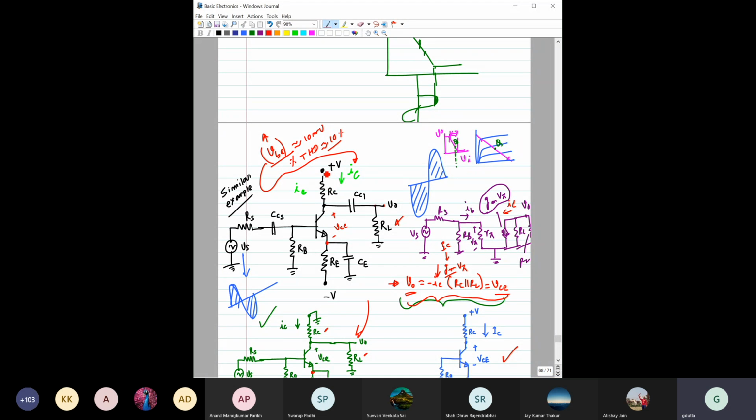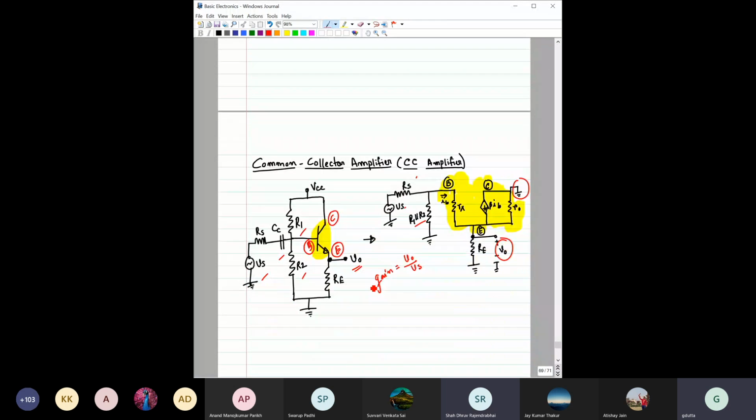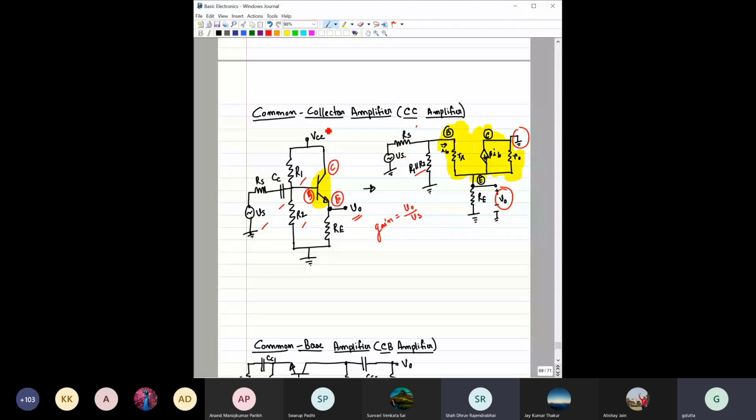It is connected with an RC, and the output voltage is also taken from this collector terminal only. That is the only difference. In common collector, the collector is AC ground and the output you are taking from the emitter terminal. So you can find the gain by doing a small circuit analysis.